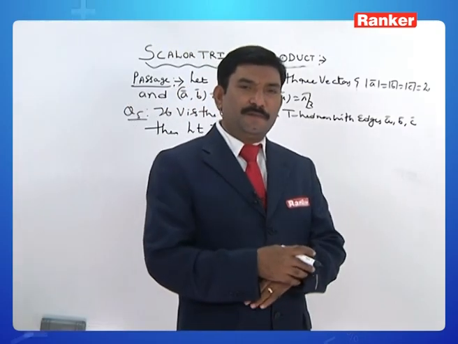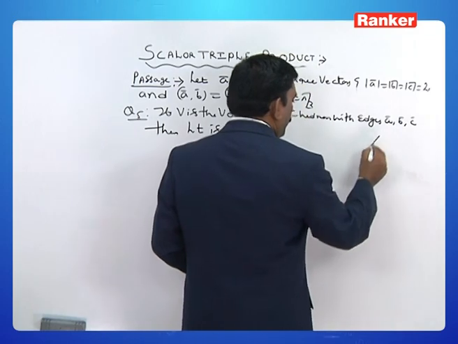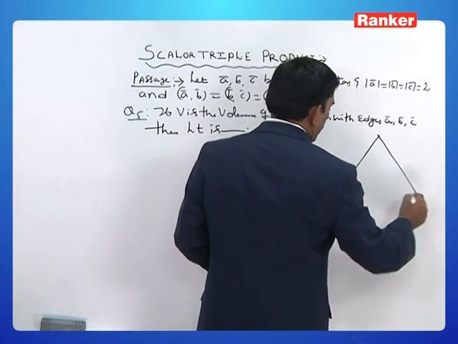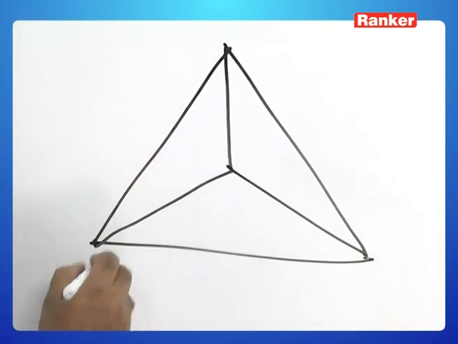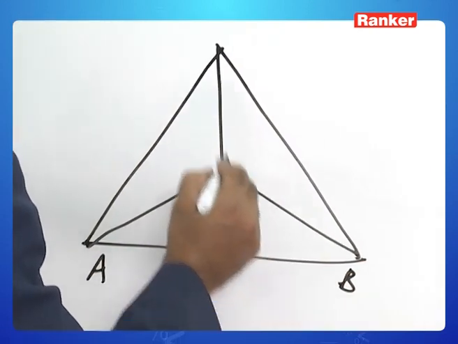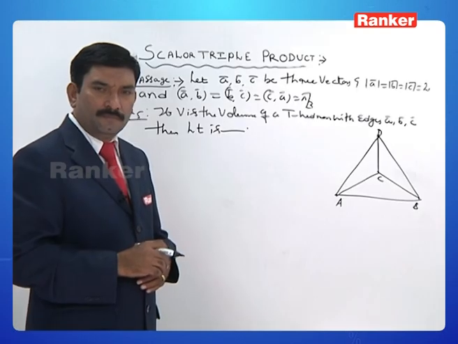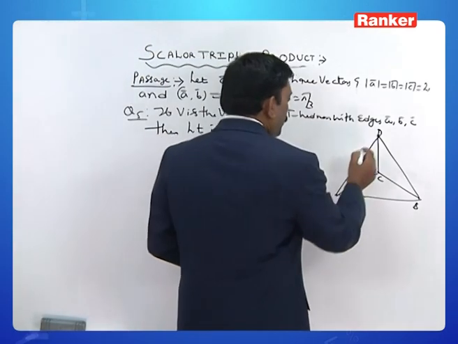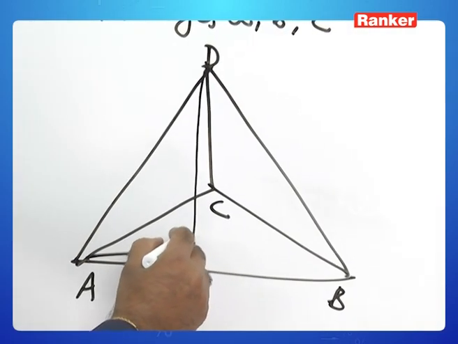Yes, this is also a very logical question. Now if I go for a tetrahedron, this is A, B, C, and it's D. Now this is nothing but the height, as we have discussed earlier.